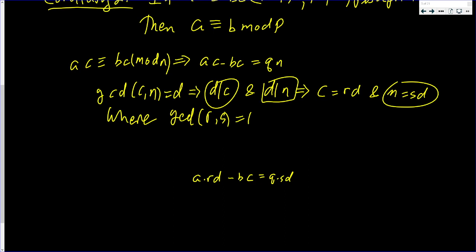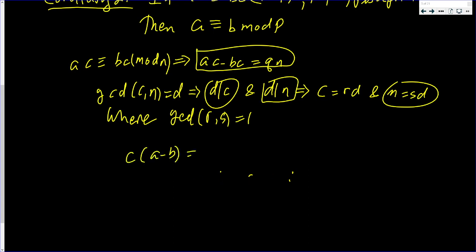So we're going to work with this equation right here. We can factor out a C. So we know that C times A minus B is Qn. But C is RD. So we have RD times A minus B is Q times n. But n is SD.